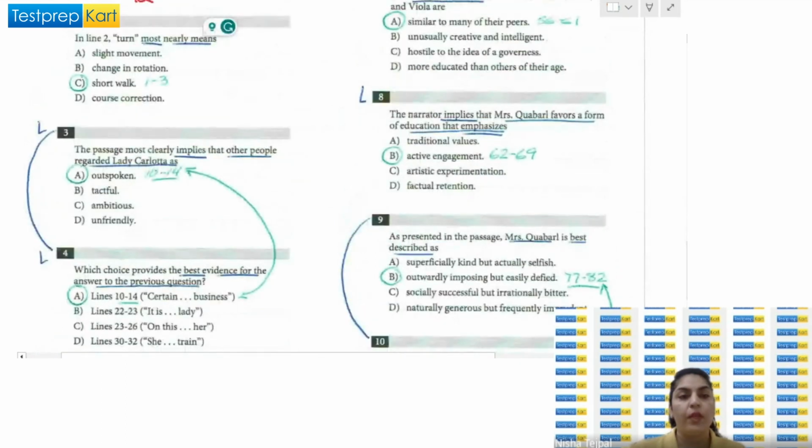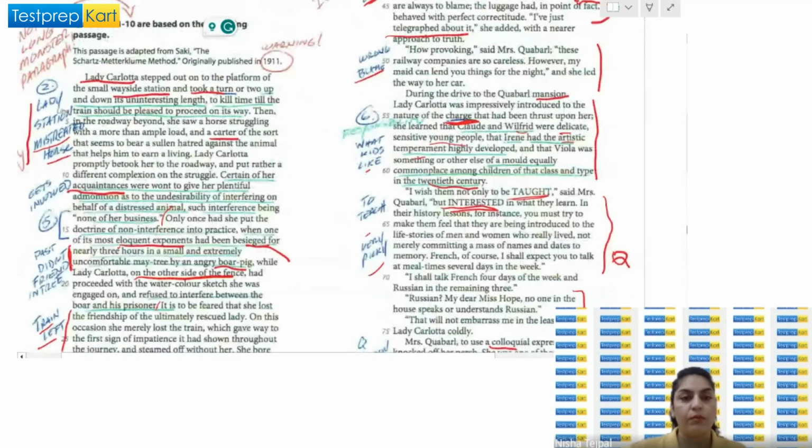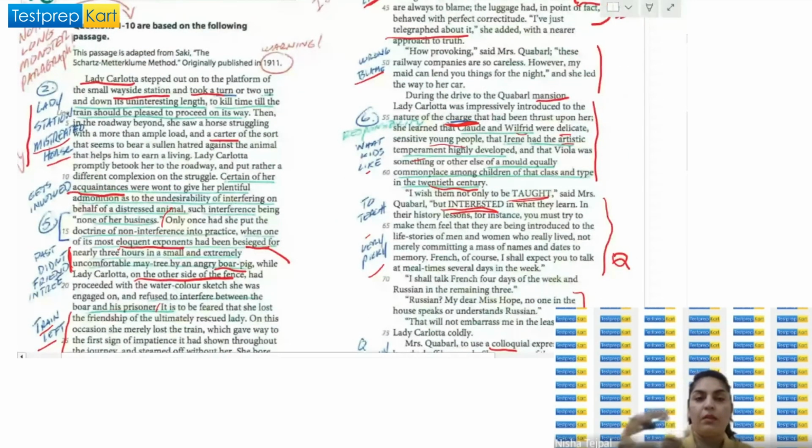Question 2. In line 2, turn most nearly means what? Slight movement, change in rotation, short walk, course correction. So first let's go to line 2. Here, this is our line 1, this is our line 2. Turn, this is our word.